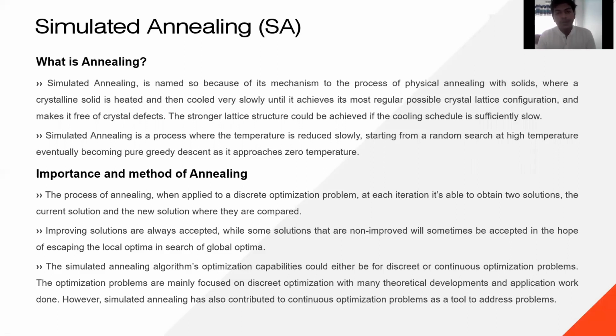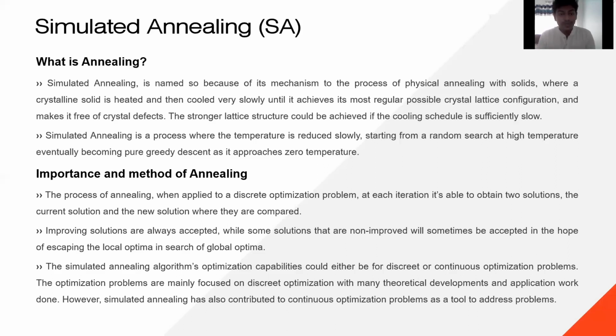The importance and method of annealing. When applied to discrete optimization problems, at each iteration it produces two solutions, the current solution and the new solution, and they are compared with each other, and if the new solution is better, the current solution is replaced by the new solution.